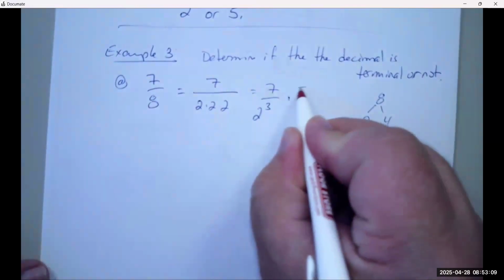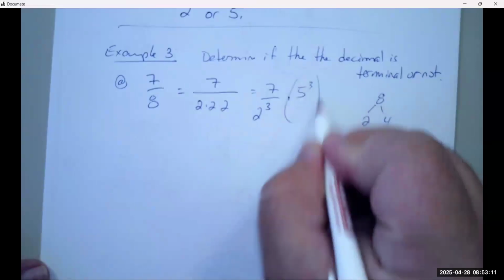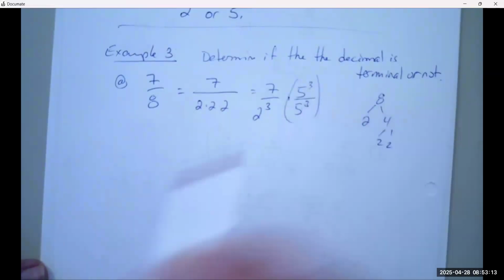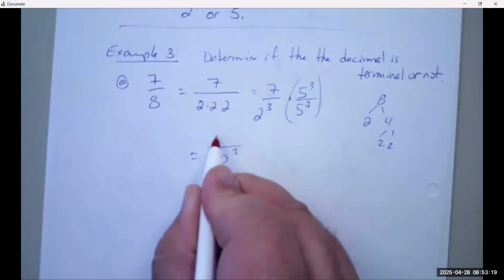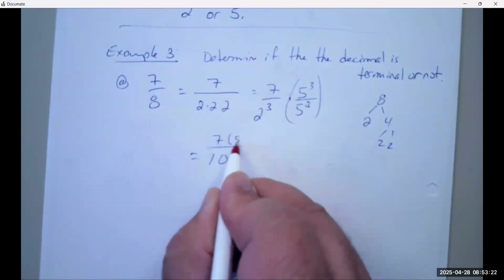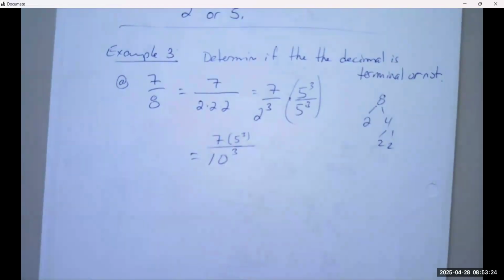Because all I would need to do is multiply by 5 to the third. Now it's a terminating decimal. Again, I never want to hear any answers unless you think about it.